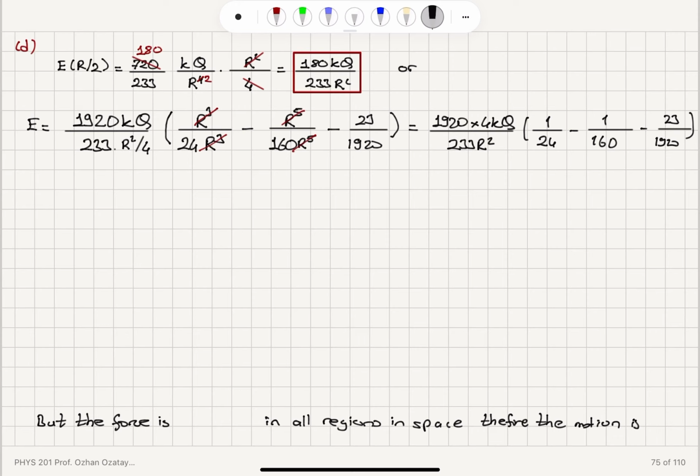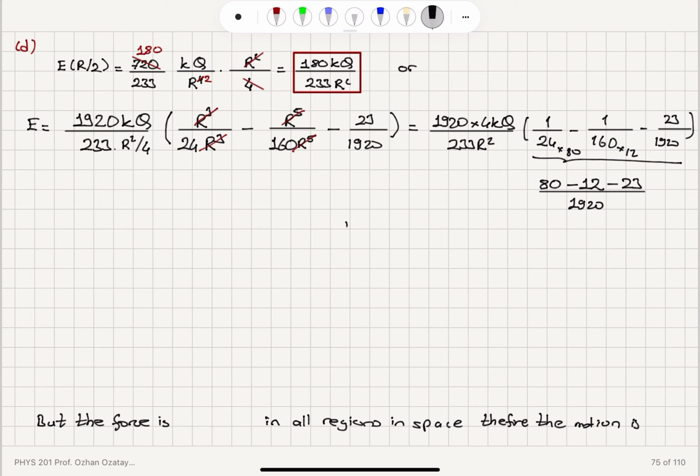And this gives me 80 times 24 is 1920. 12 times 160 is 1920, minus 23 divided by 1920. So this is multiplied by 80. This is multiplied by 12 to get the common denominator. And this gives me the answer I'm looking for.